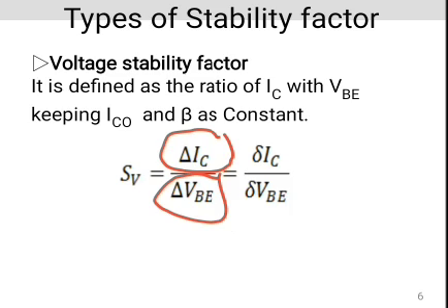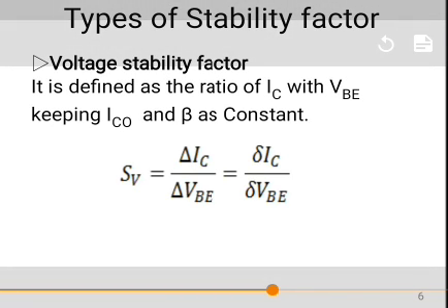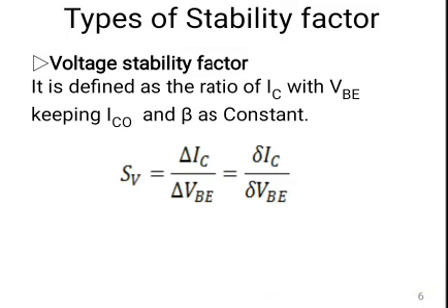That means keeping ICO and beta constant. Therefore, SV, suffix V means voltage stability factor. So, SV equals delta IC divided by delta VBE.